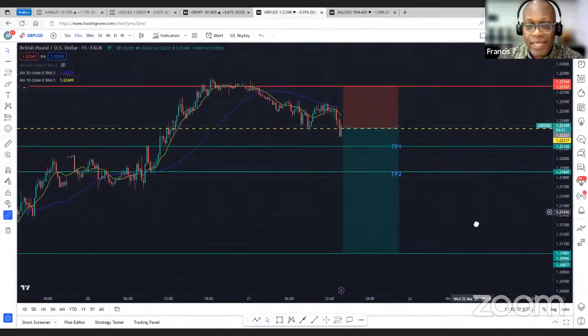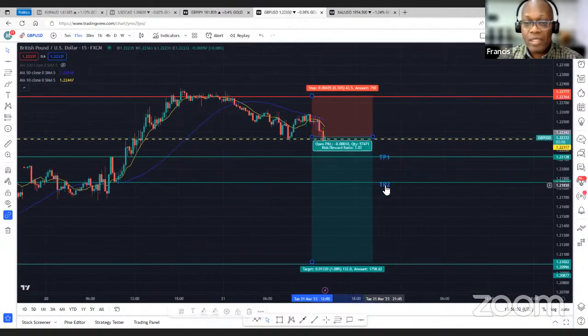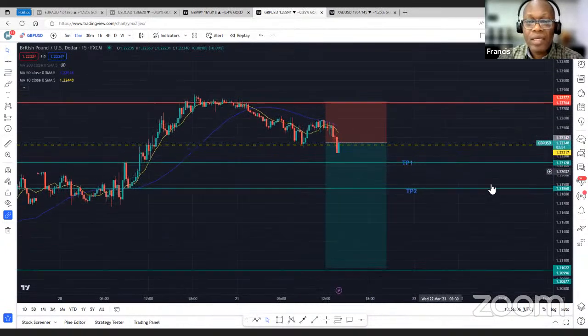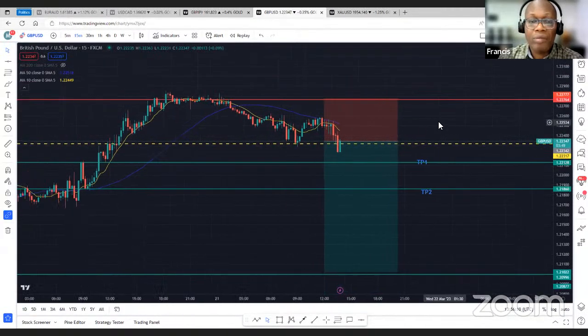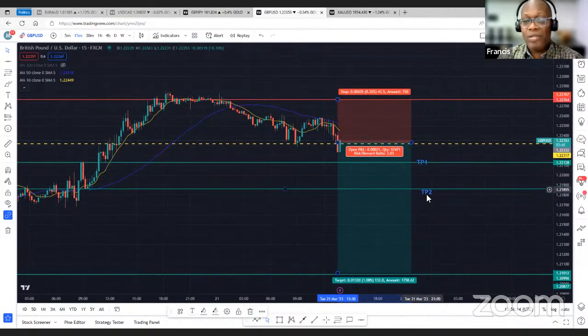Okay, so this is like a 1 to 3 risk to reward, which is good if we get it. A 1 to 3 risk to reward on pound USD.